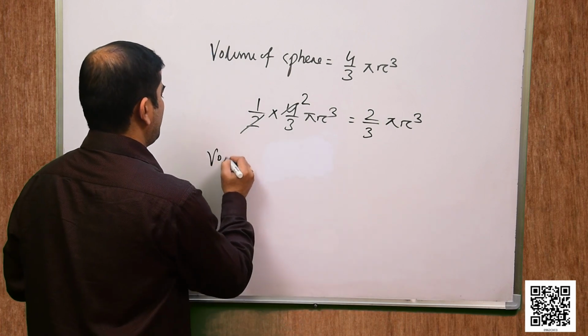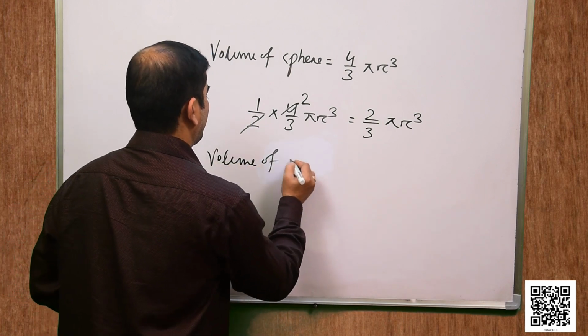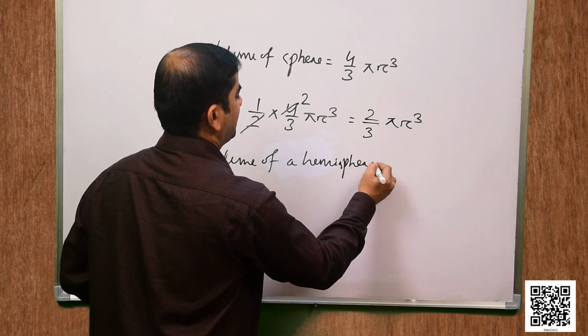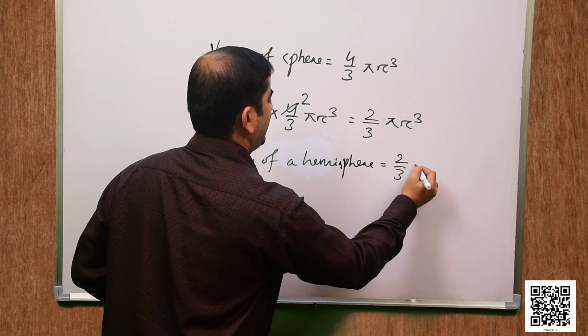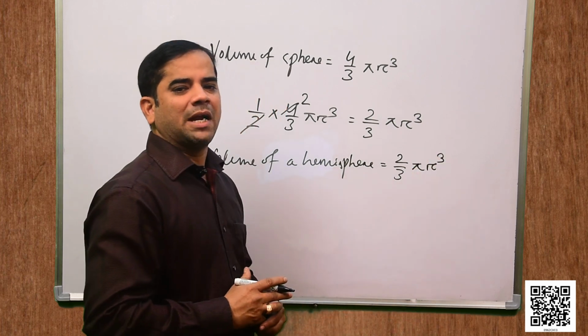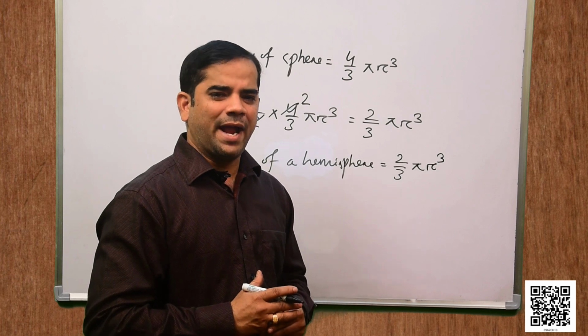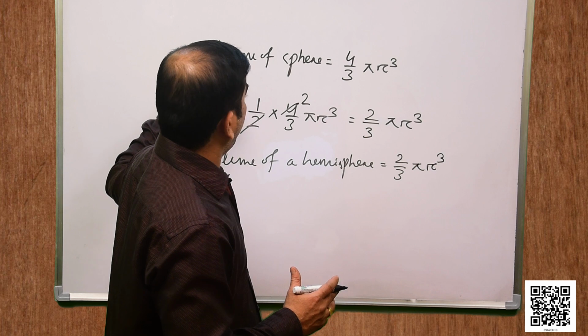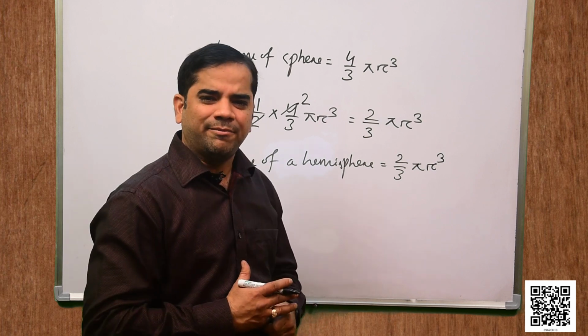So, volume of a hemisphere is equal to 2 by 3 pi times the cube of the radius of that particular sphere. Hope you understood the formula for sphere and hemisphere.